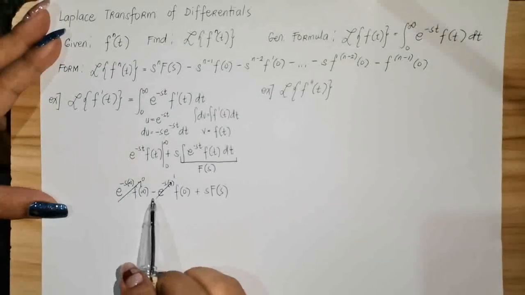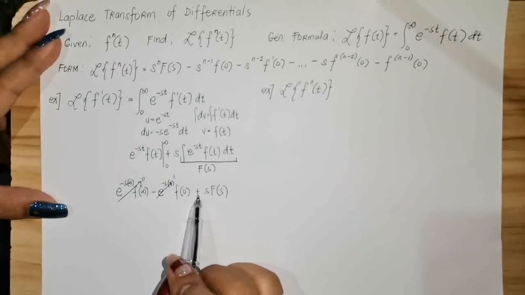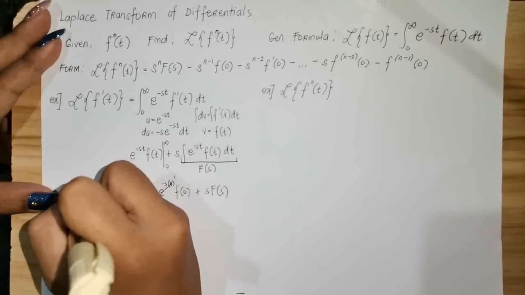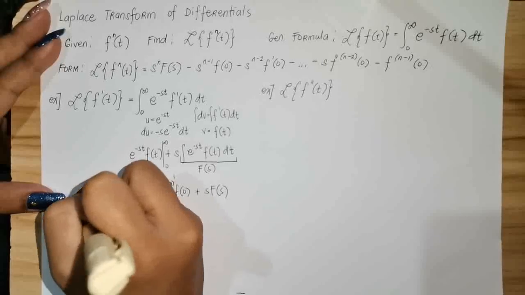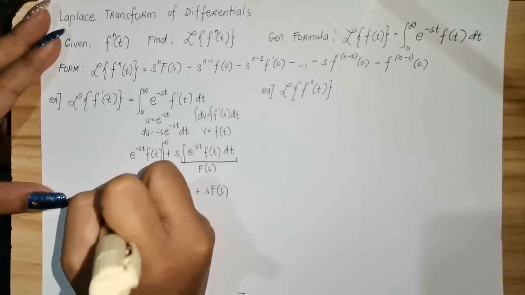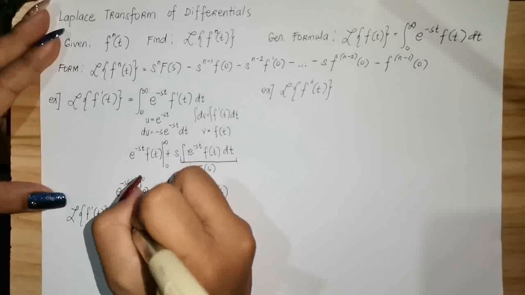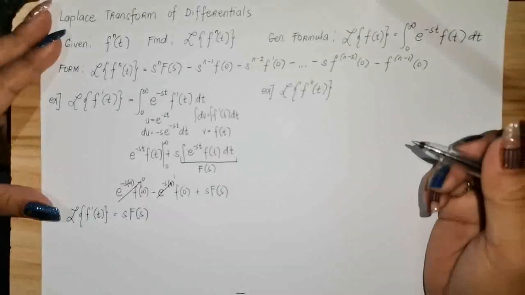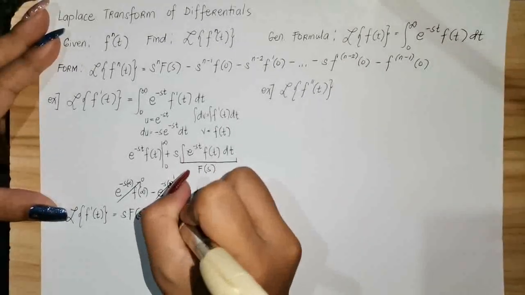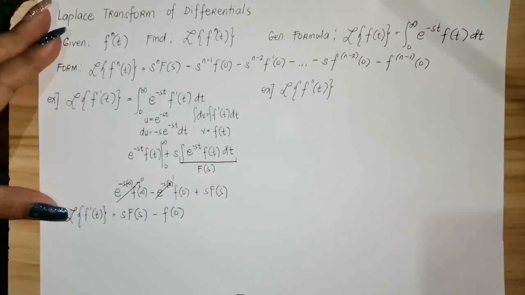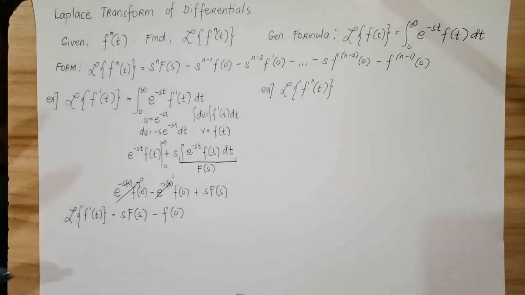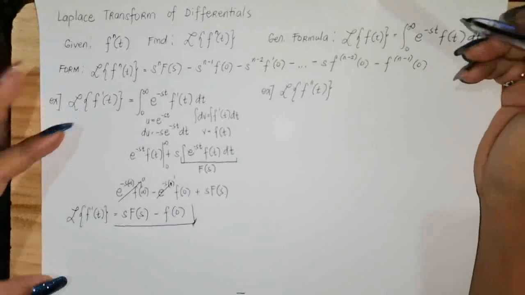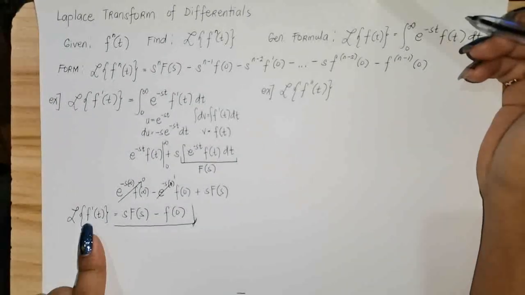So this will be 0, this will be minus f of 0, plus s F of s. So now, using your general formula, the Laplace transform of the first derivative of f of t will be s multiplied by F of s minus f of 0. So this will be the formula for the first derivative of f of t.